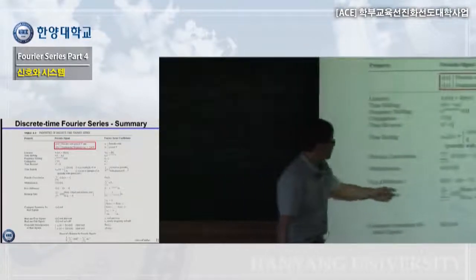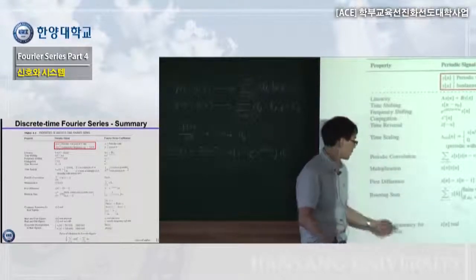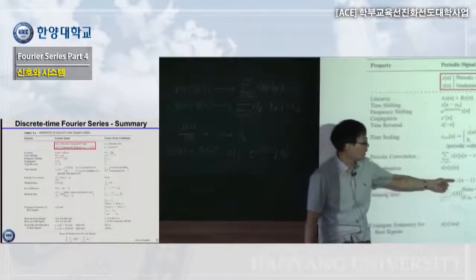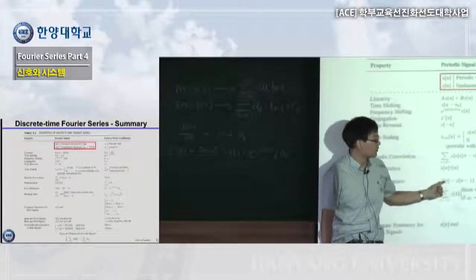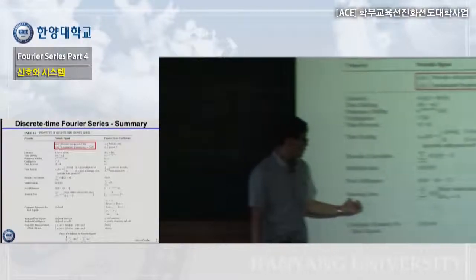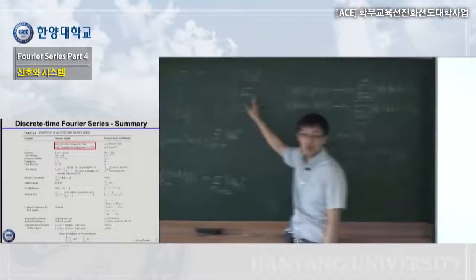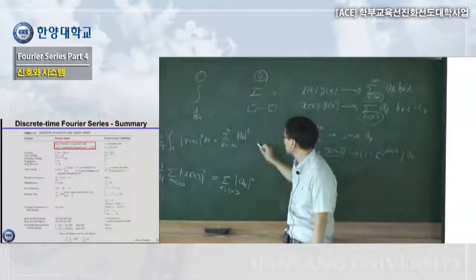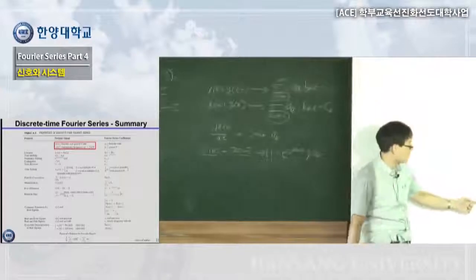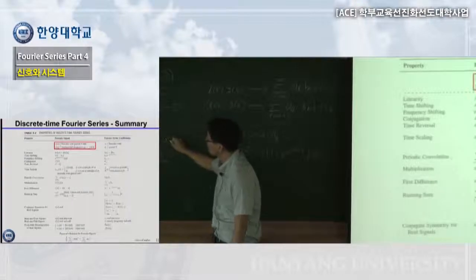In case of difference, previously they were given as j omega 0 k, or for integration they become 1 divided by j omega 0 k. In this one, we are taking a time-shifted version of the first one and subtracting them to find the solution. Likewise, integration in continuous time corresponds to summation in discrete time. So if you have integration, then they correspond to summation, which goes to a running sum from minus infinity to n, corresponding to minus infinity to t.